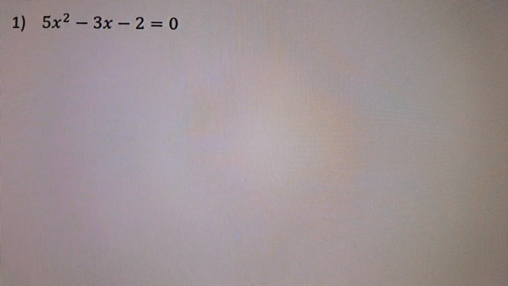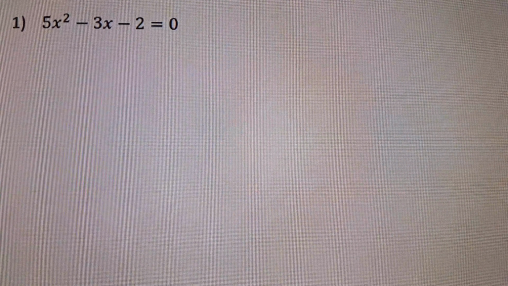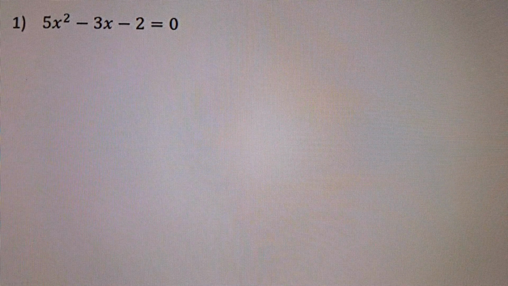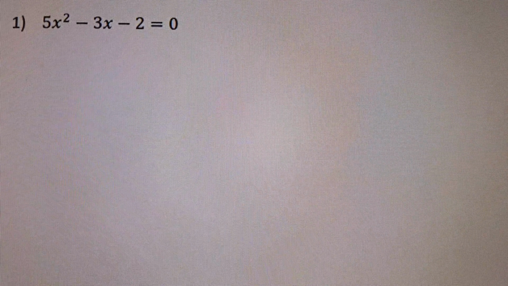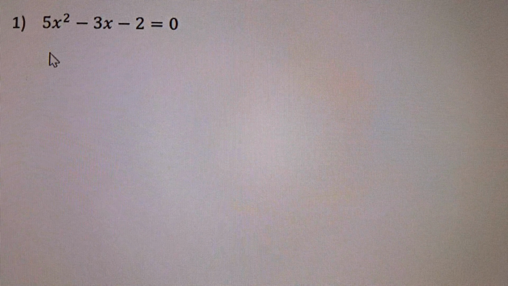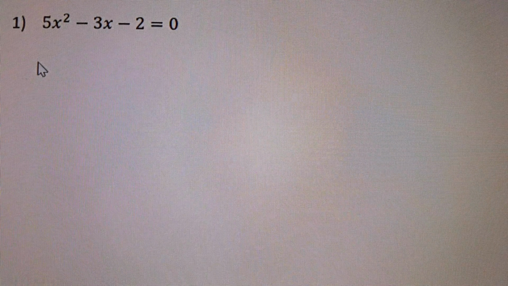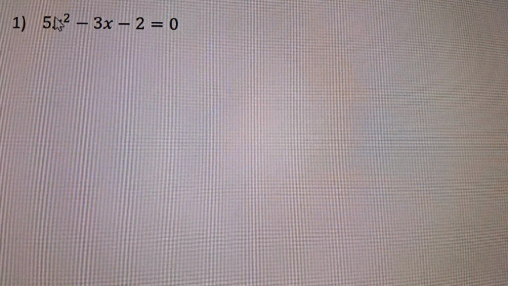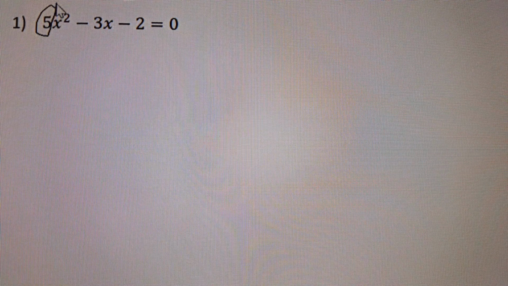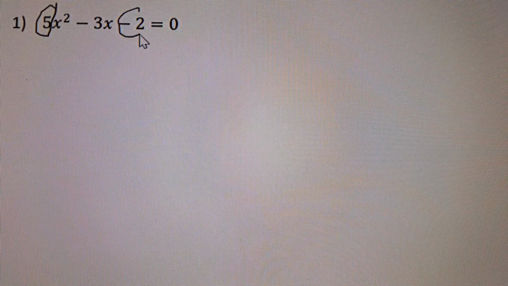The first example, 5x squared minus 3x minus 2 is equal to 0. The objective is to find the solution, or find the roots or zeros, for this equation. So the first step is to multiply the leading coefficient by the last term.